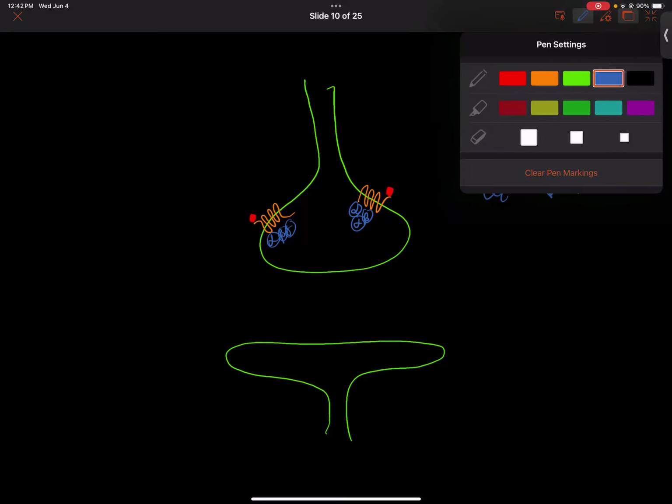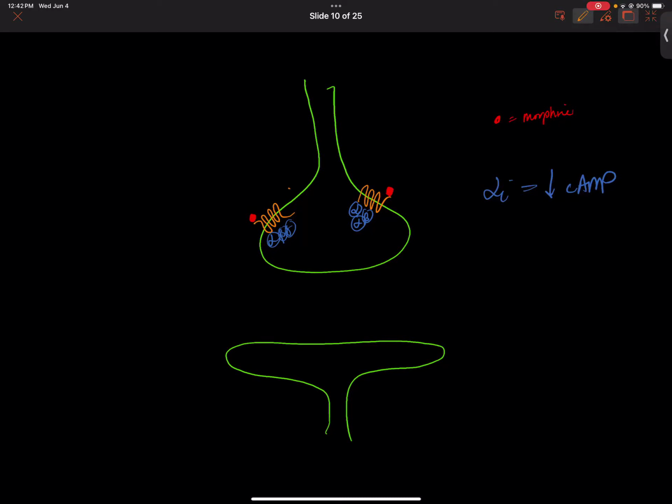What else do we note? We note the presence of certain channels. First and foremost, how about some calcium channels?